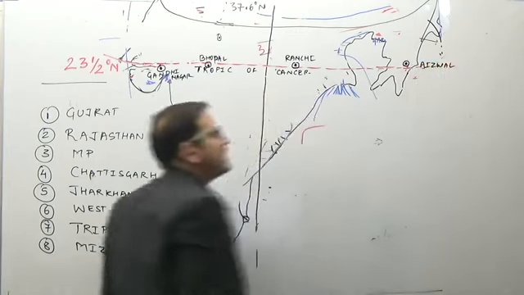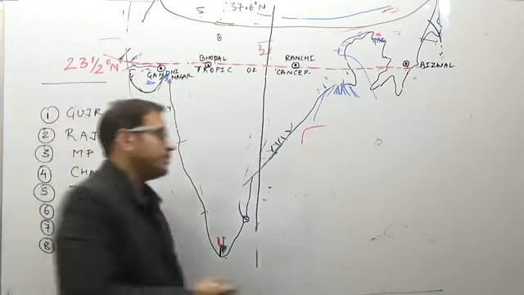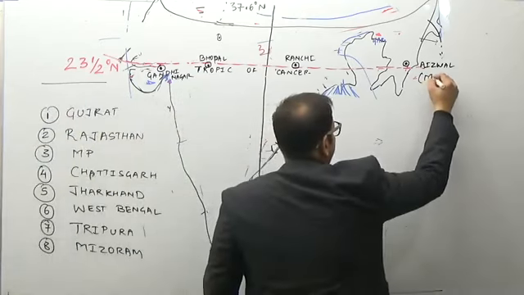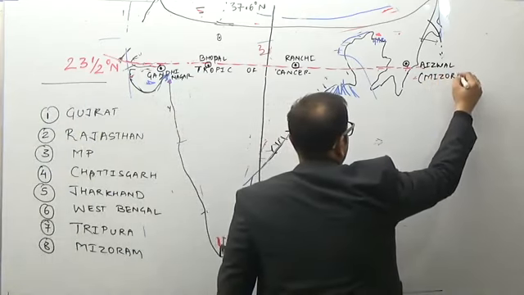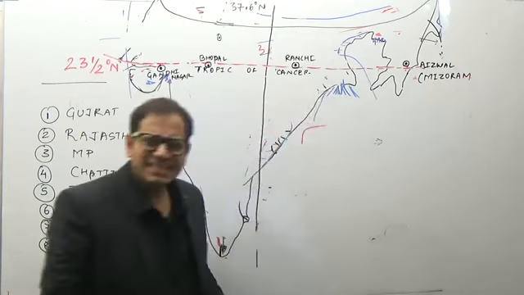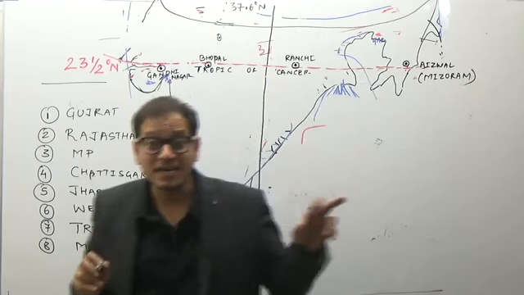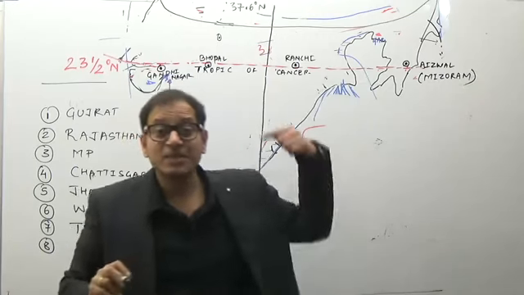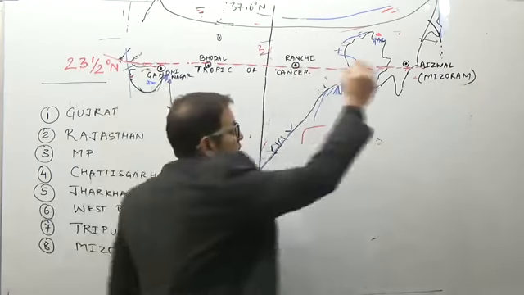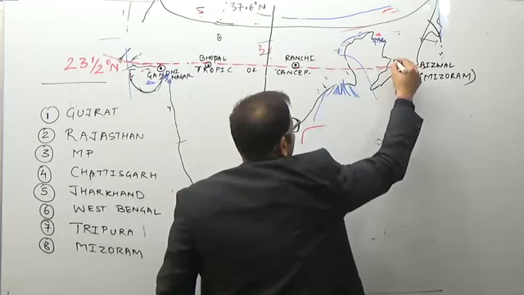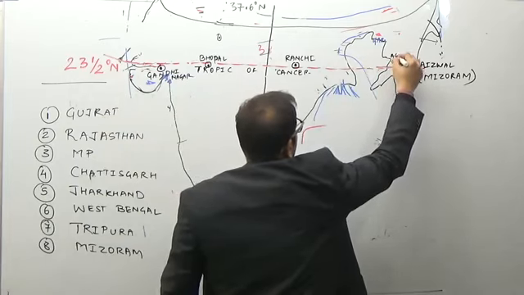Aizawl, which is the capital of Mizoram. While the other cities which are nearby. See, even the capital of Tripura, Agartala, is nearby, but it is not as near as Aizawl. It is just to the north, the capital of Tripura, that is Agartala.